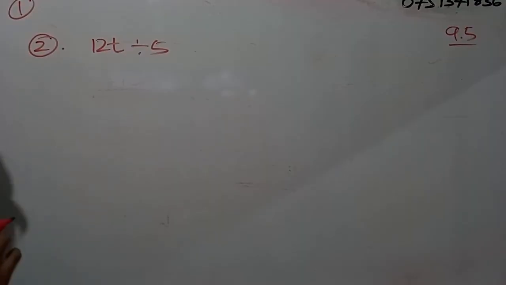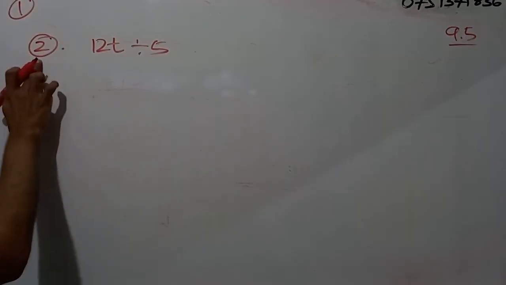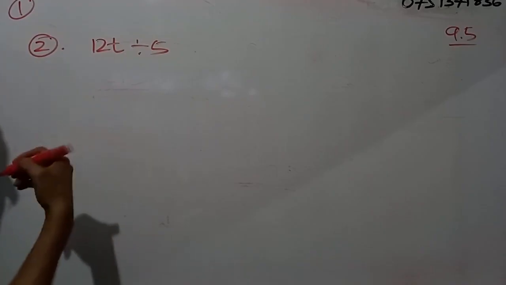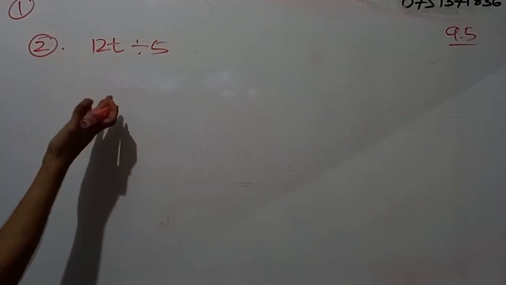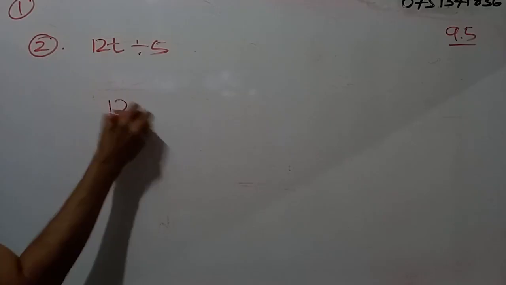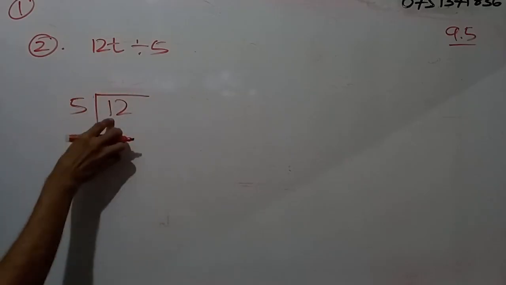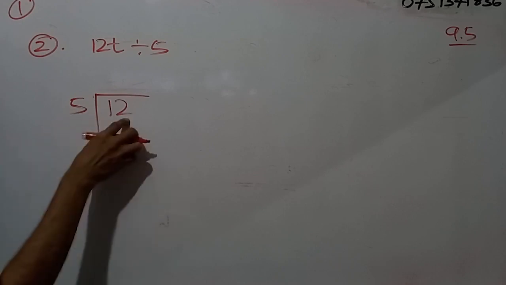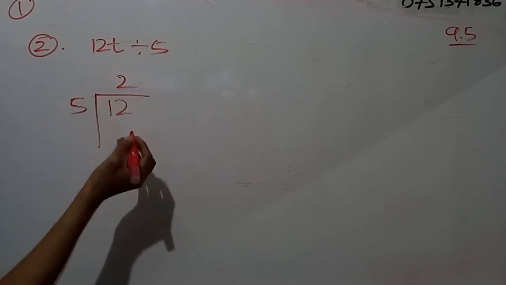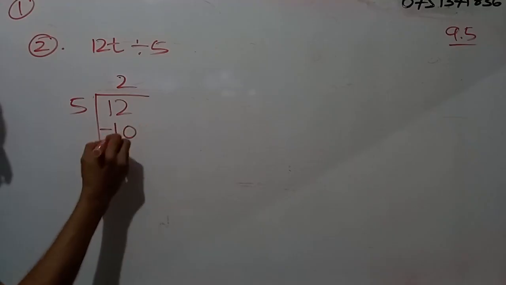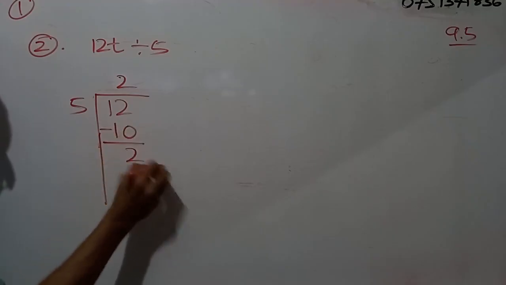12 tons we have to divide by 5. That is part 2. Okay. So here we will take 12 tons. We have to divide 12 by 5. 12 divided by 5. How many 5s are there for 1? None. How many 5s are there for 12? We can go up to 2. 5 times 2, that is 10. 12 minus 10, we get 2.